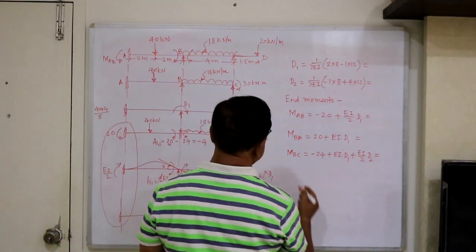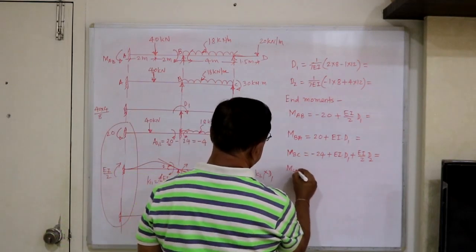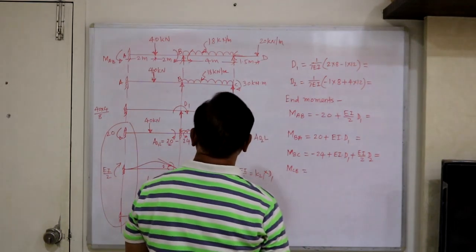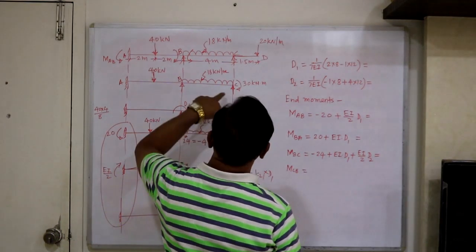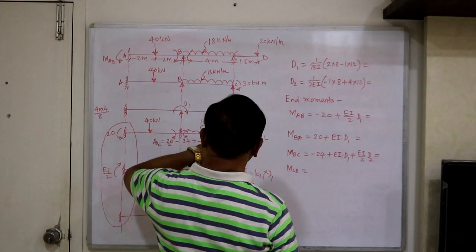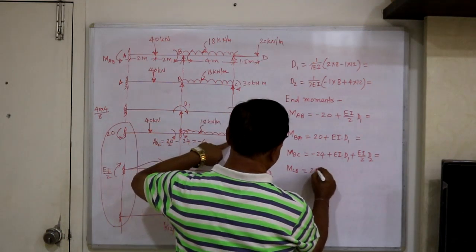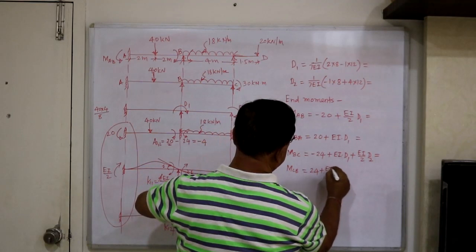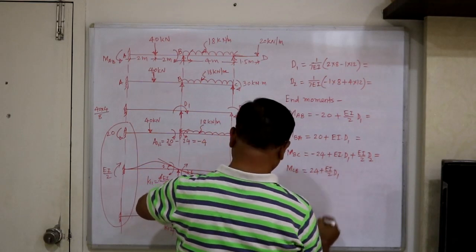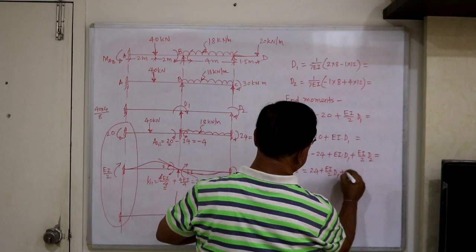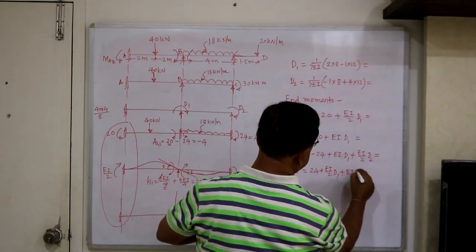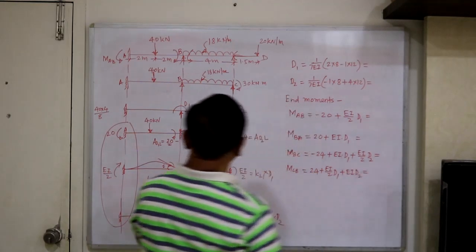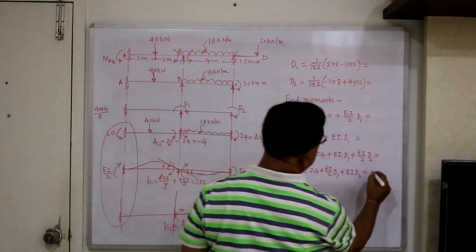And MCB must be equal to, say this 24, then EI by 2 D1 and plus EI D2. This you will get 30 kilonewton meter.